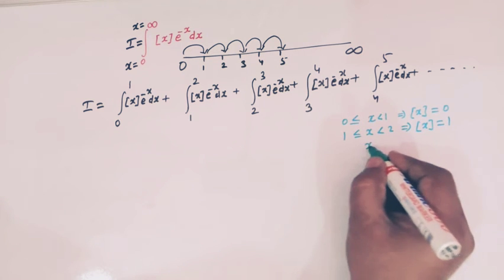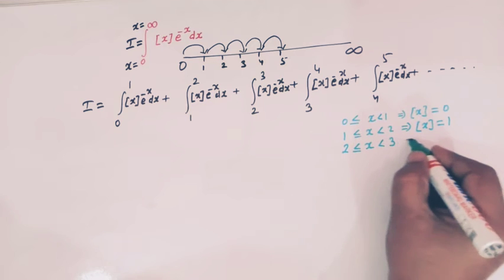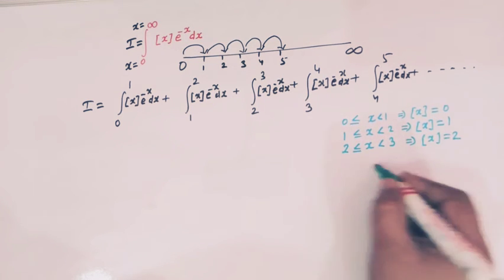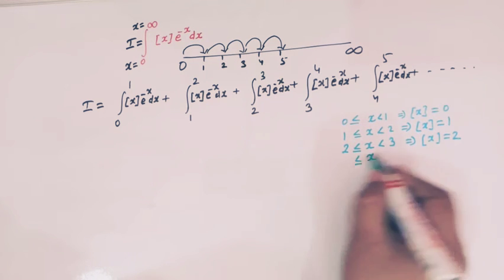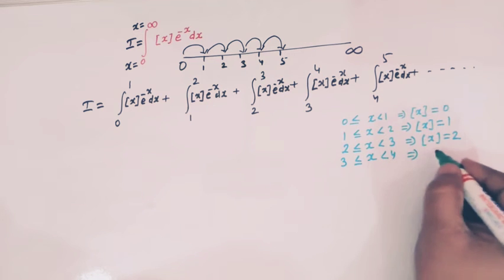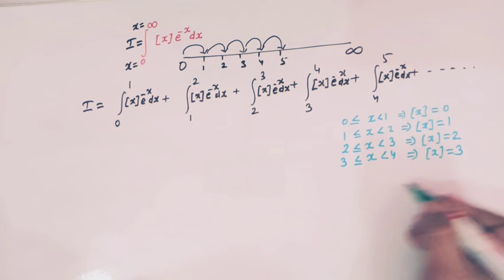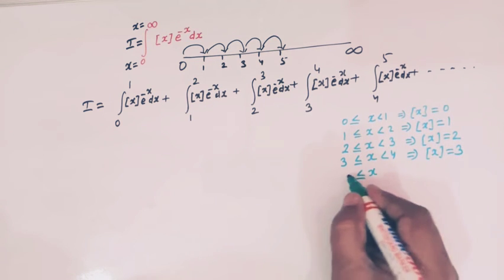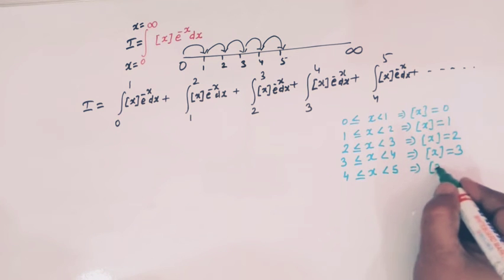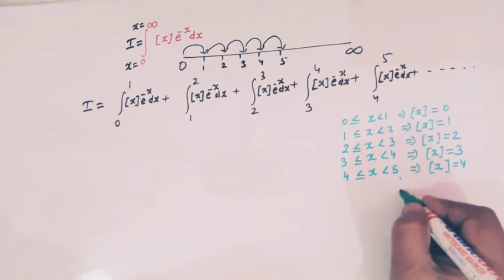When x lies between 2 and 3, the value is 2. When x lies between 3 and 4, the value is 3. Between 4 and 5, the value is 4, and so on.